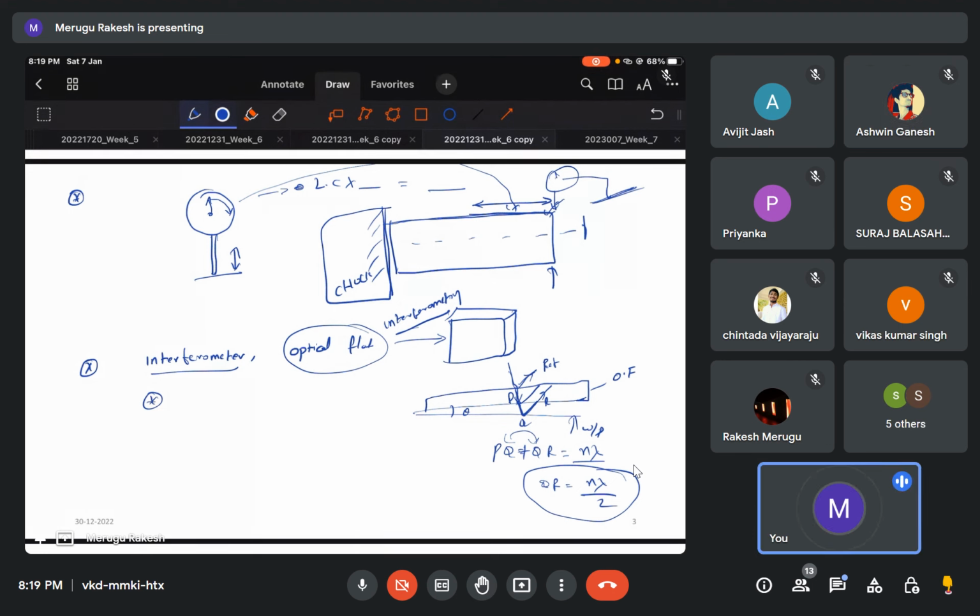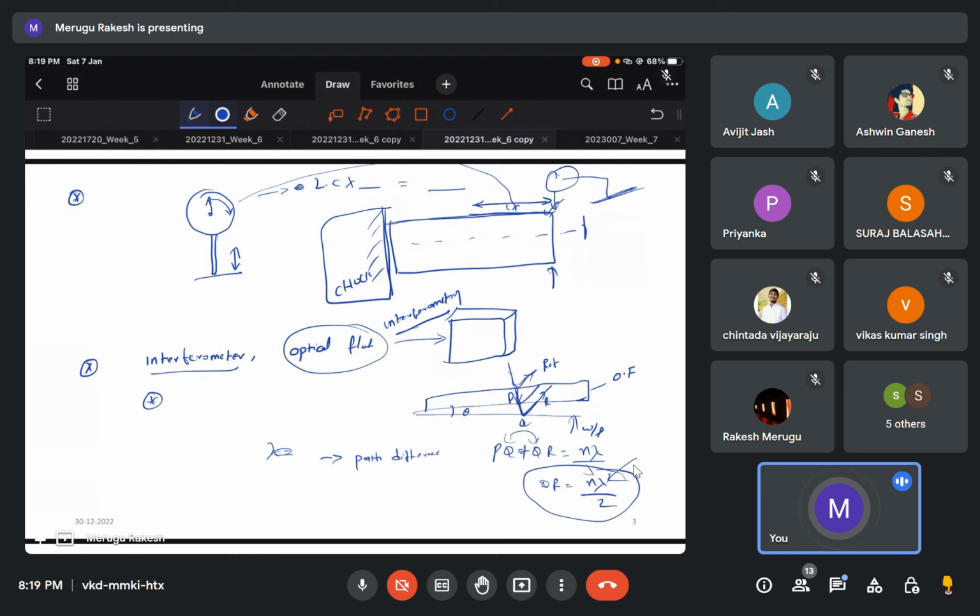One more thing is there. This lambda, or this n number of fringes, depends on the source of light. There is one term called path difference.